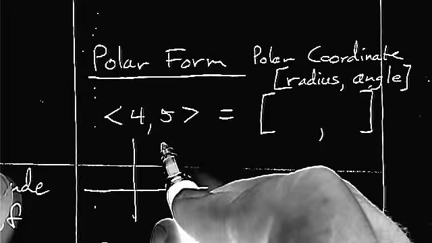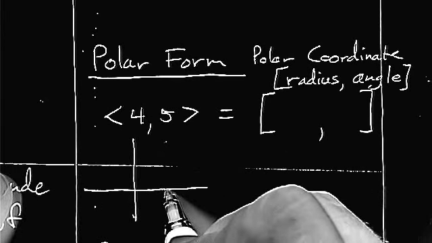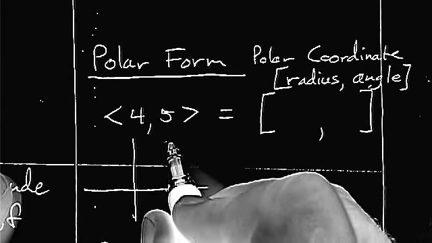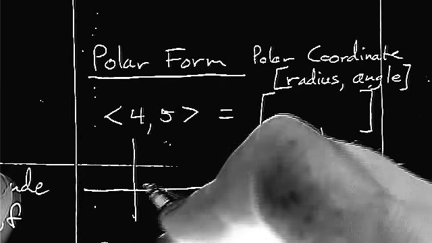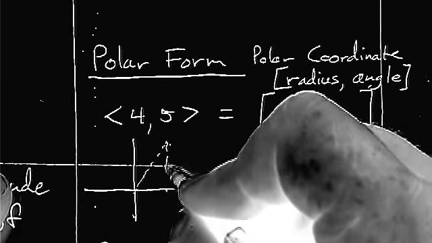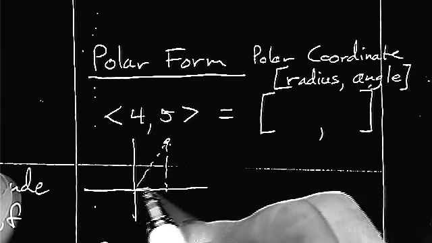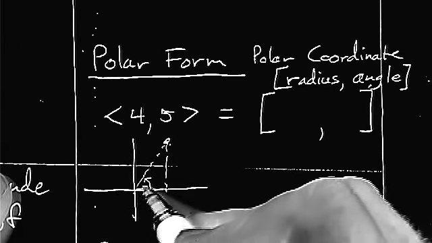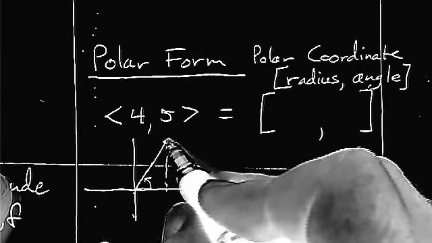So we know that the point 4, 5 is somewhere up here. Instead of moving along the right triangle following the legs of the triangle, to get to this coordinate in polar form we would rotate a certain direction till a stopping point, and then we would follow the radius to get to that point.